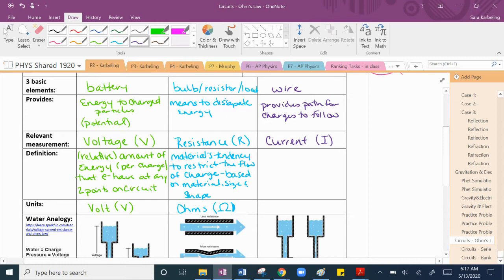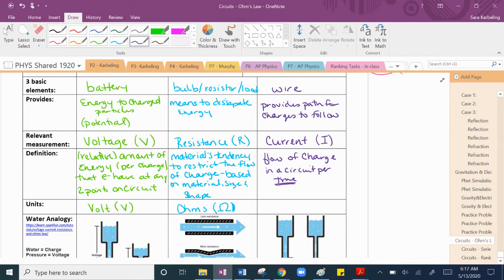Current's definition is that it is a flow of charge in a circuit per time. So the key here is that it's actually a rate of the flow. So it's how many charges are moving per second.